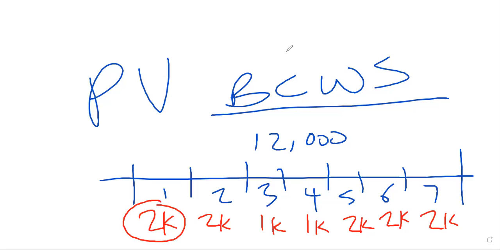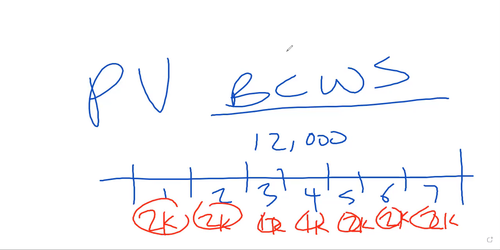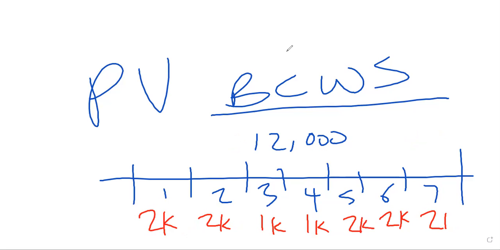Get it? Okay. It says the total of PV is sometimes referred to as the performance measurement baseline. The total plan value for the project is known as budget at completion. So the total plan value, this plus this plus this plus this plus this plus this plus this, the total is 12,000, and that is the budget at completion. Get it? So I often say the budget at completion is the cumulative plan value. All right.